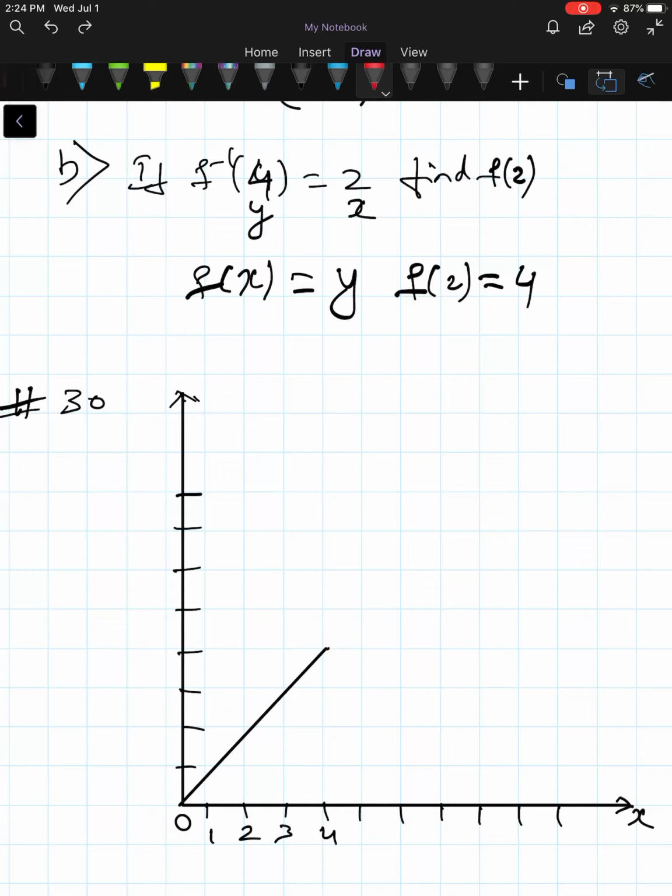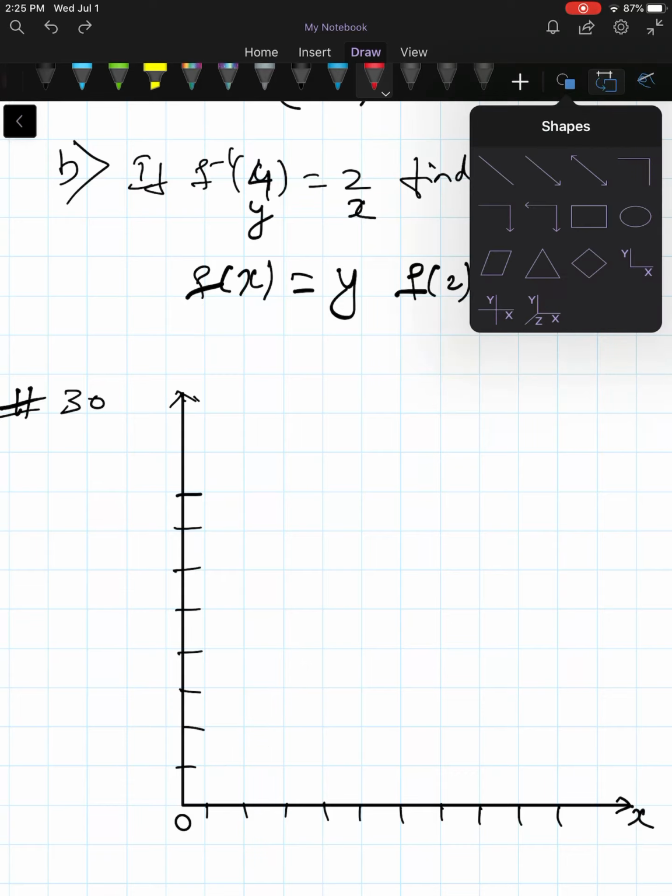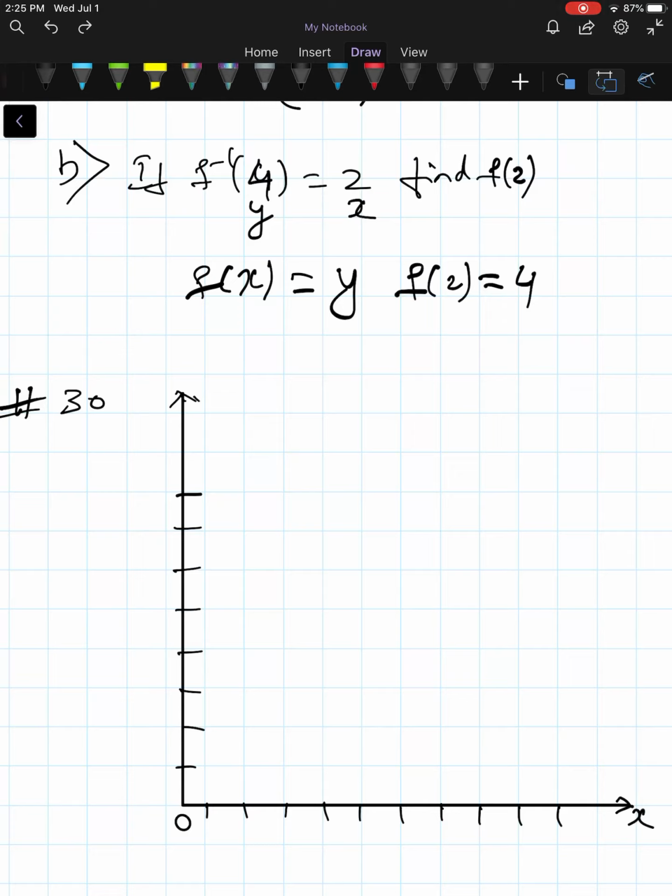I don't know where I'm erring. So 5 will be mapped onto... okay, I'm wrong in drawing this straight line. So 4 is reached at 2.